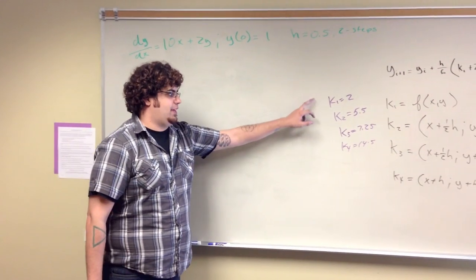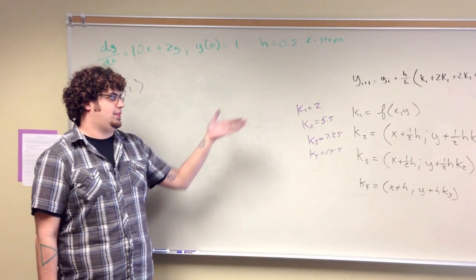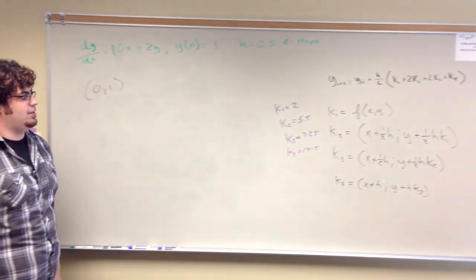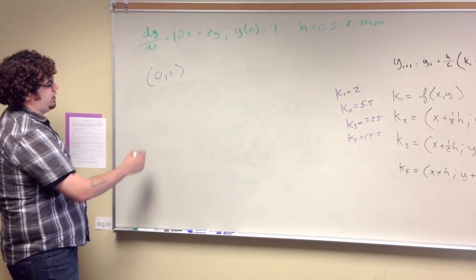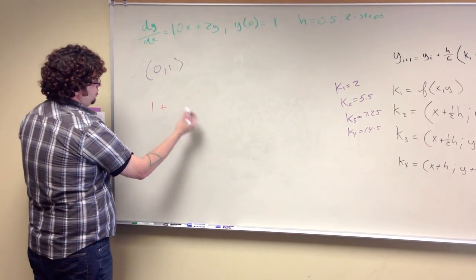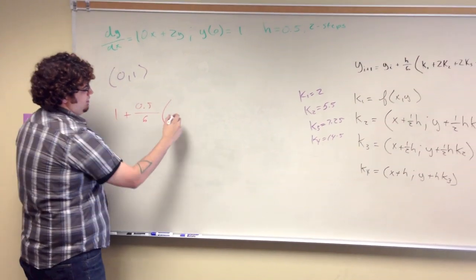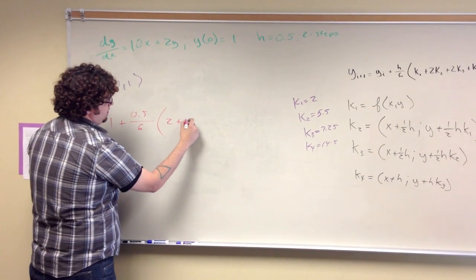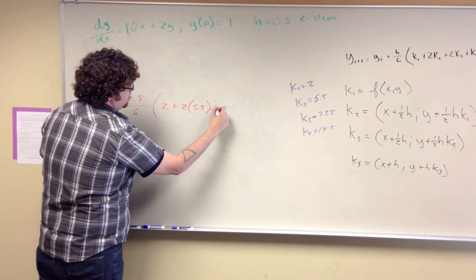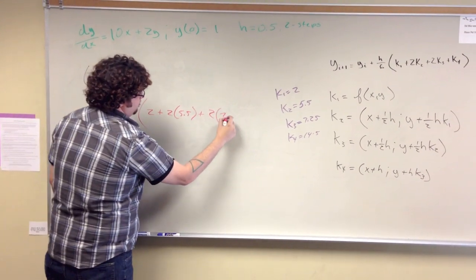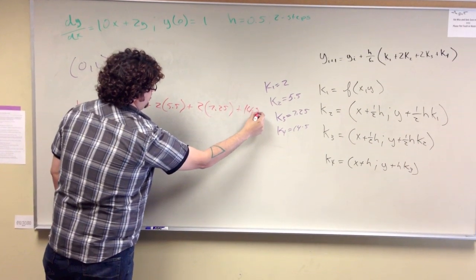Now that we have the values of K1, K2, K3, and K4, we're able to find the weighted average of these in our Runge-Kutta method formula. What we're simply going to do is take our y initial, which is 1, plus our step size divided by 6, times K1, which is 2. Then we have 2 K2s, which is 5.5, plus 2 K3s, which is 7.25, plus our 1 K4, which is 14.5.